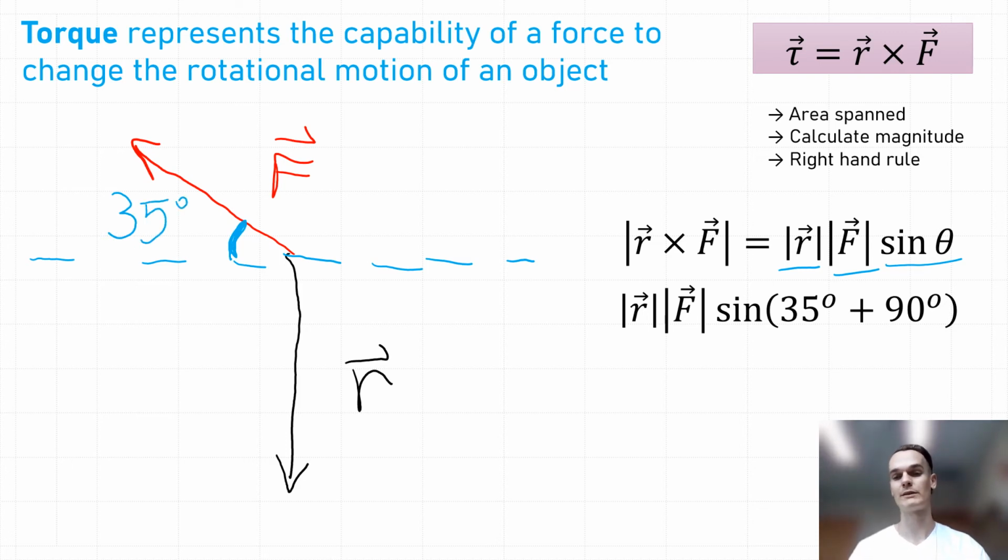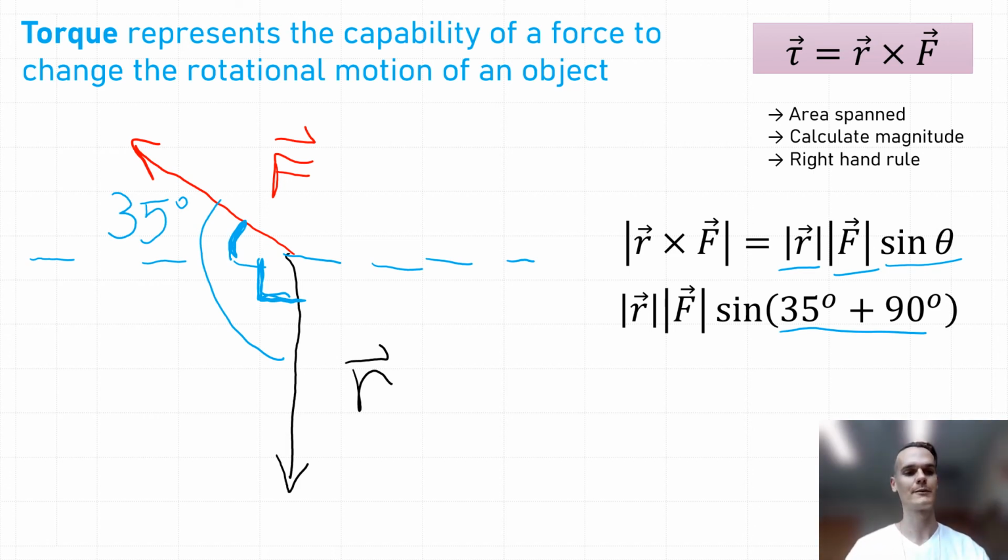We want the smallest angle between the two vectors when they're placed tail to tail, which is going to be this angle here. To get that total angle, we have to add the 90 degrees right here. So the smallest angle between the two vectors when they're placed tail to tail is 35 degrees plus 90 degrees.